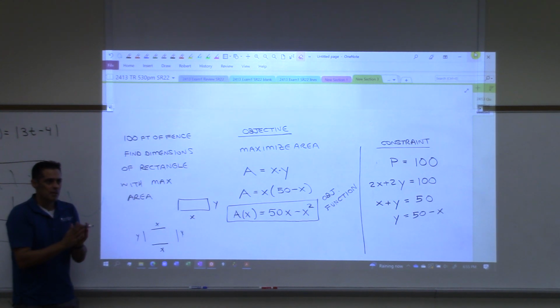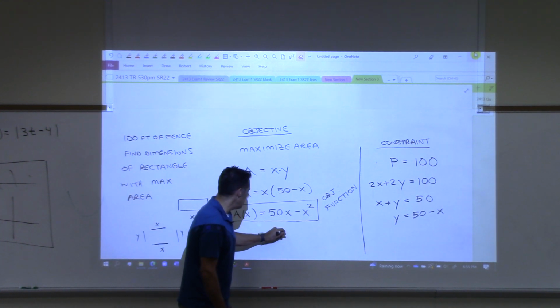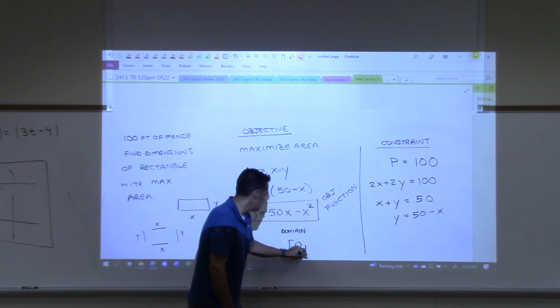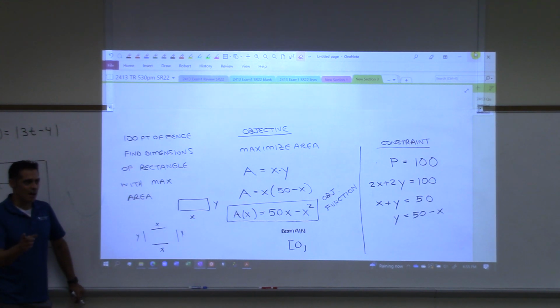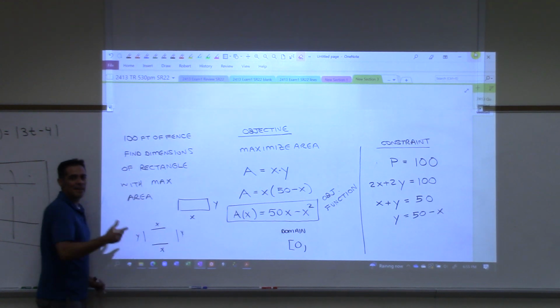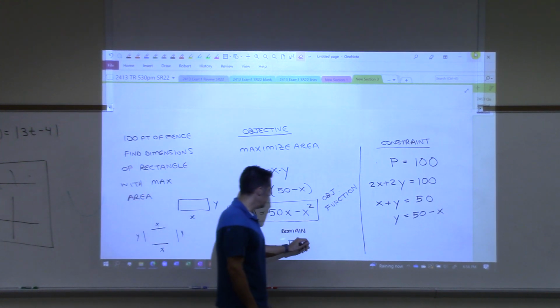So you can't go negative. So right now, I can say that the domain of this is x has to be between 0 and, what's the biggest x could be? 50, not 100, because you have to have both sides built. So 50 here, but again, that leaves nothing for y, but this is the extreme case, 0 to 50.